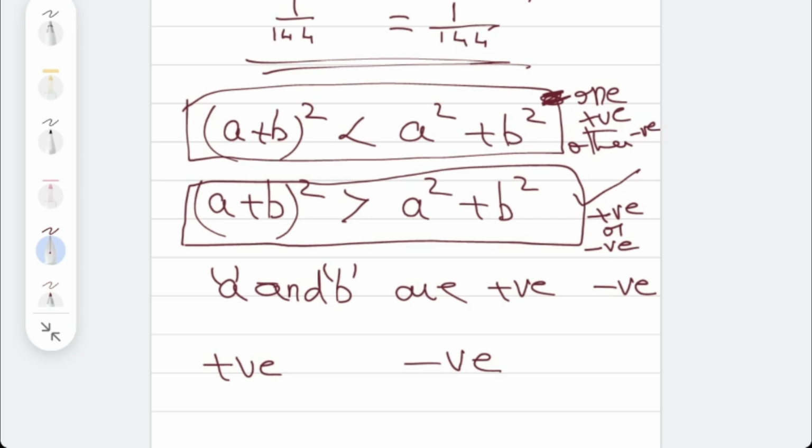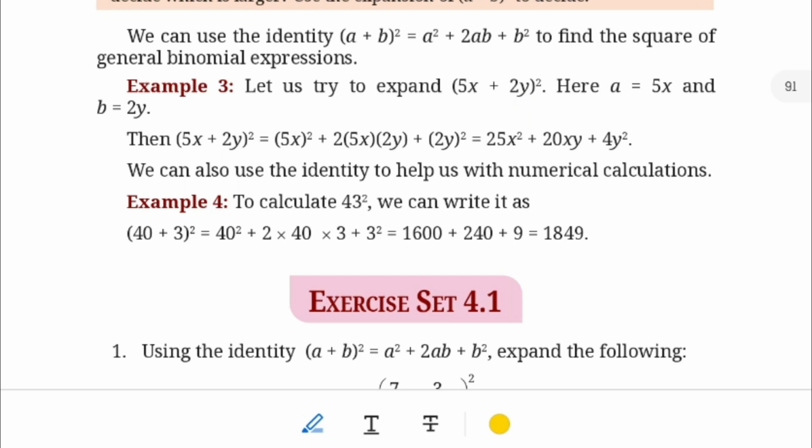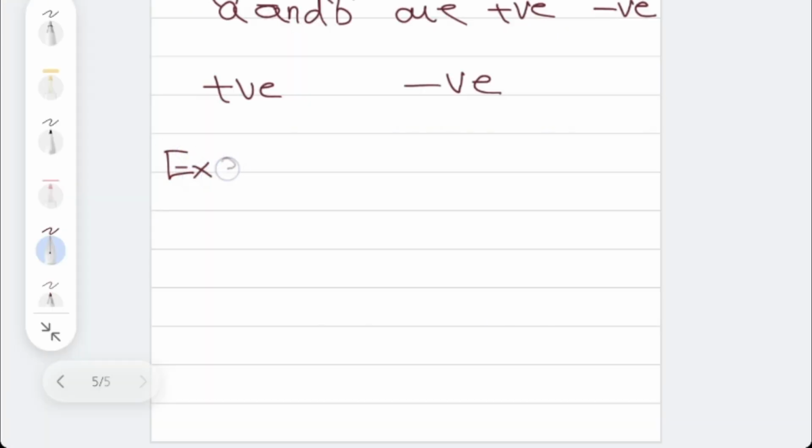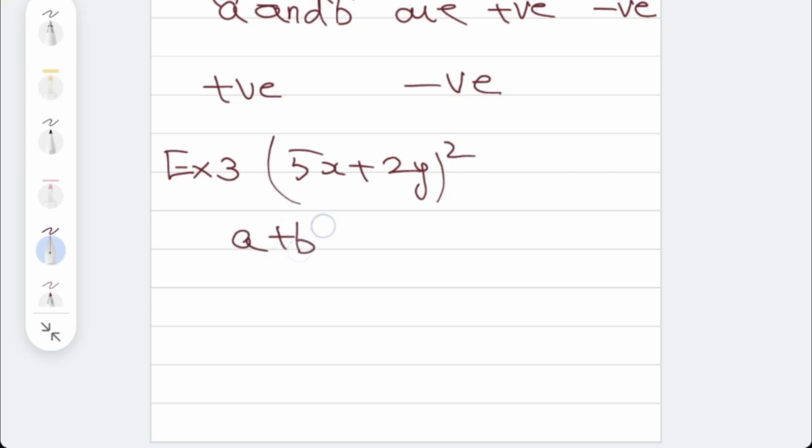Okay, now let's move on to example 3. Example 3 is very simple. We will just have to expand this identity. Example 3 is 5x plus 2y whole square. You will have to expand it like a plus b whole square, which is equal to a square plus 2ab plus b square.